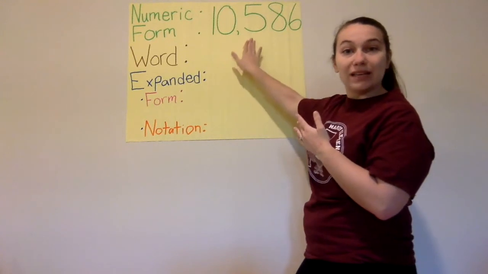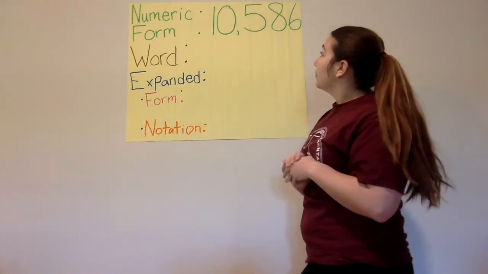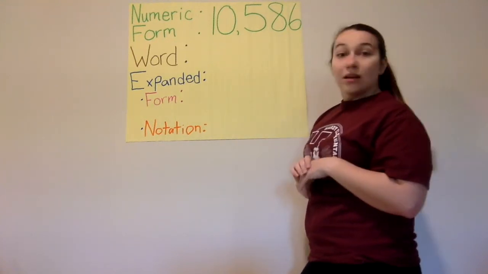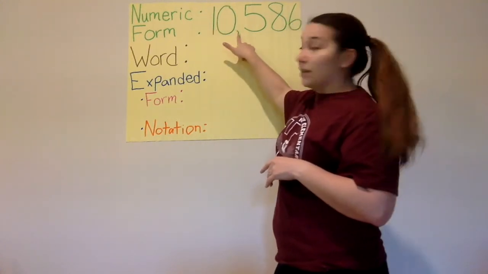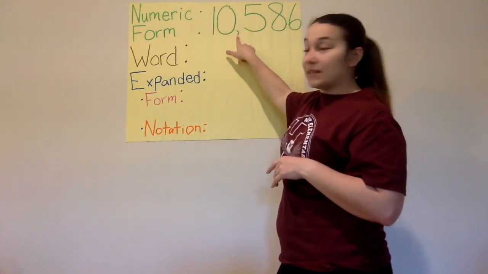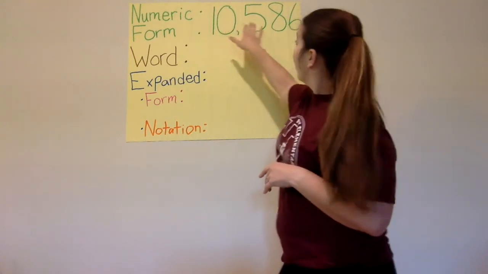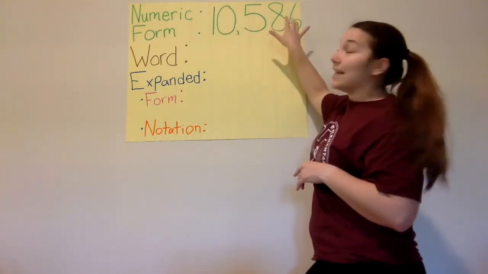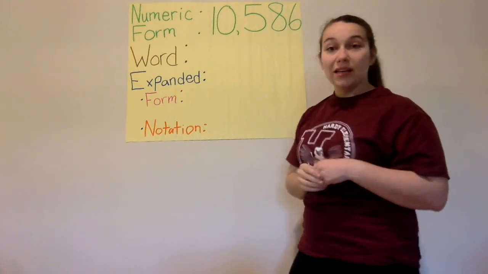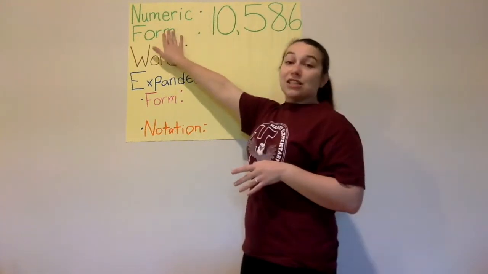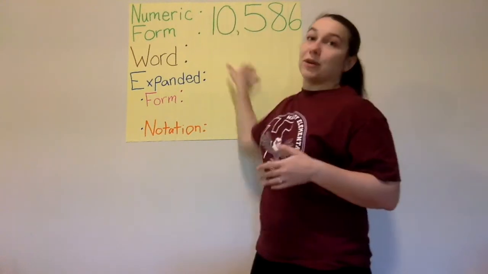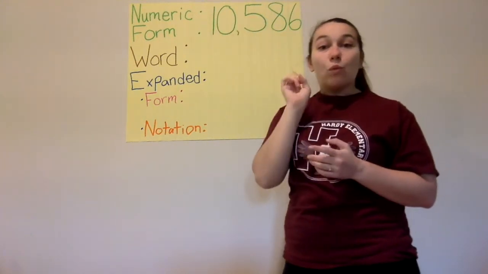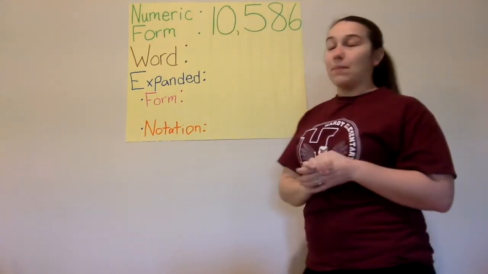How would you read this number? Very good. 10,000. We have 10, and then our comma to represent thousands. 586, okay? So that is it in its numeric form, or just number form, okay? We just have our numbers represented here. So that is one way we can see numbers.